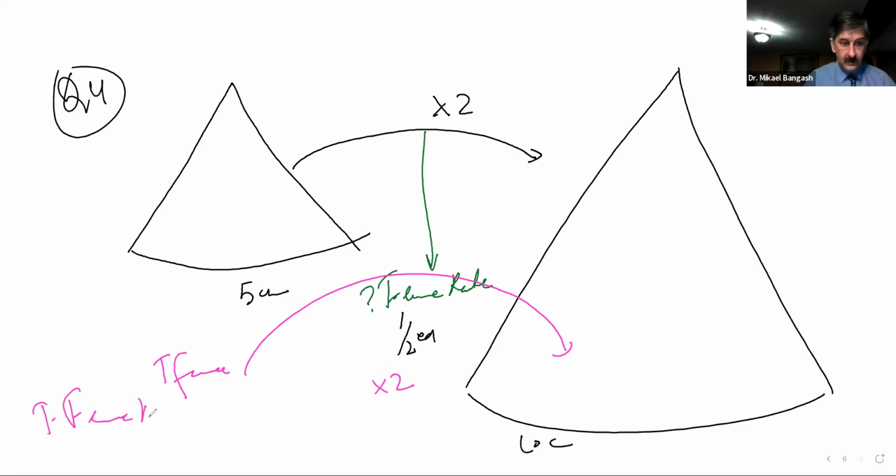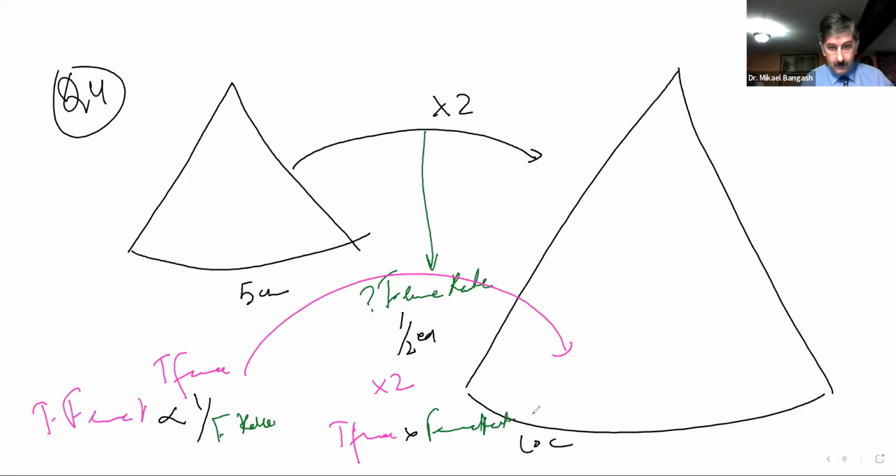T frame is inversely proportional to frame rate, but not only that, T frame multiplied by frame rate, that product is going to be equal to 1.